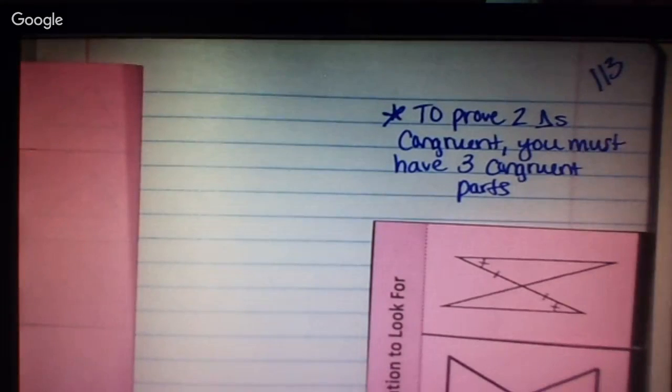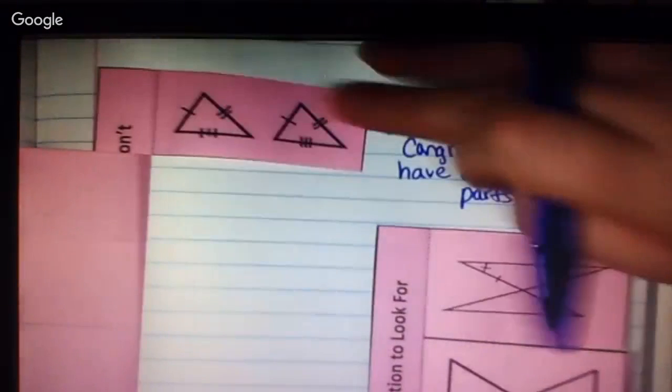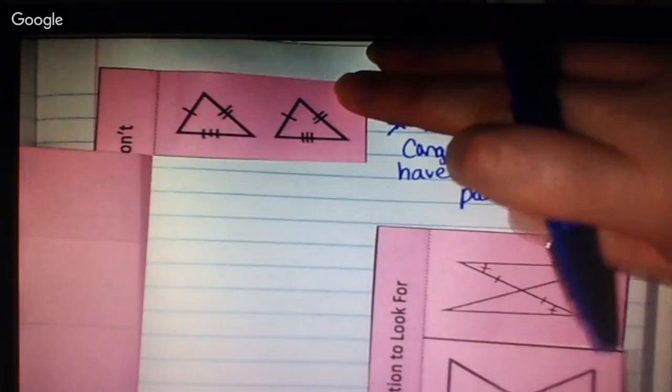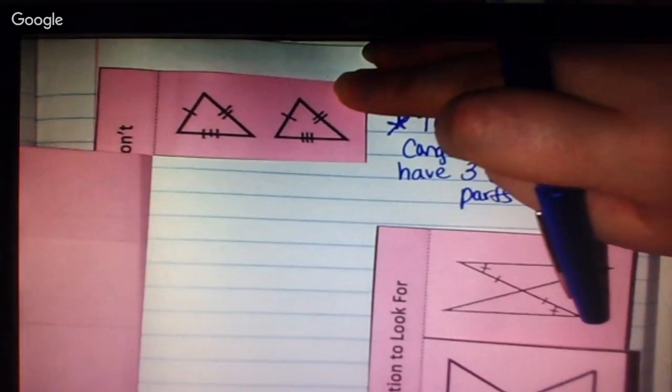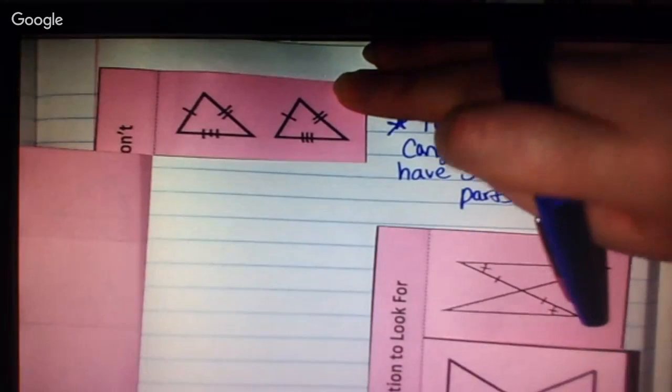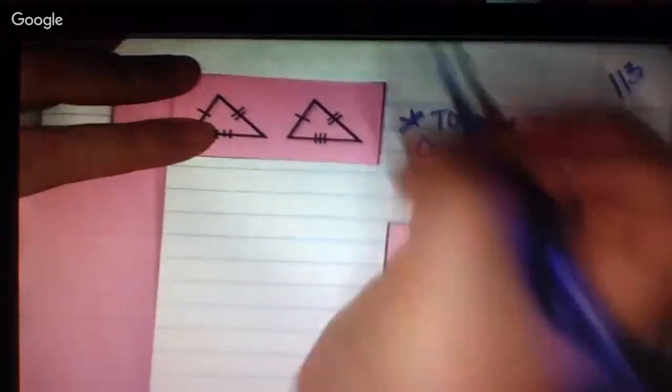Good? All right, so if you take a look at this first picture, what 3 pieces do they give you? All 3 sides. Okay, so this is 3 sides congruent.